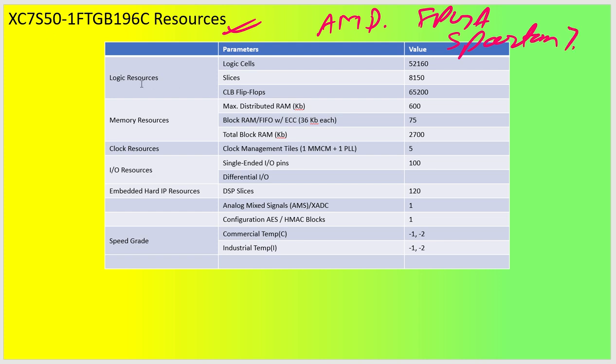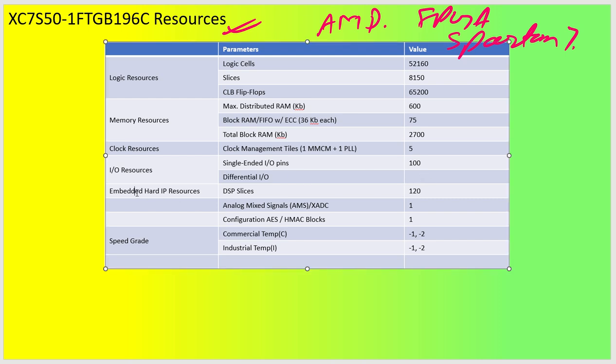As you can see, we have logic resources, like logic cells are 52,160. Then we have slices, CLB flip-flops, maximum distributed RAM, and memory resources like block RAM, where total RAM is 2700 kilobits. Then we have clock resources and IOs, so a total of 100 IOs are there. I have not counted here, so I have not written this. Then we have embedded hard IP resources, like DSP slices are 120 and all those things.